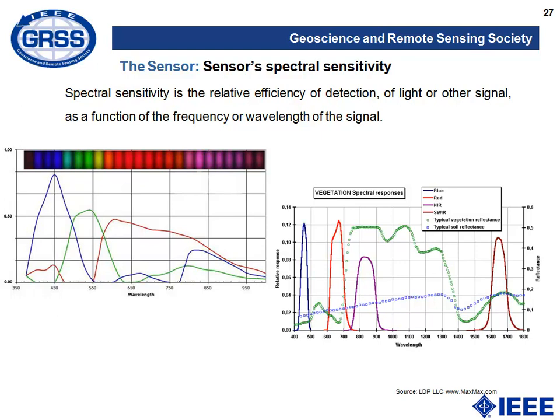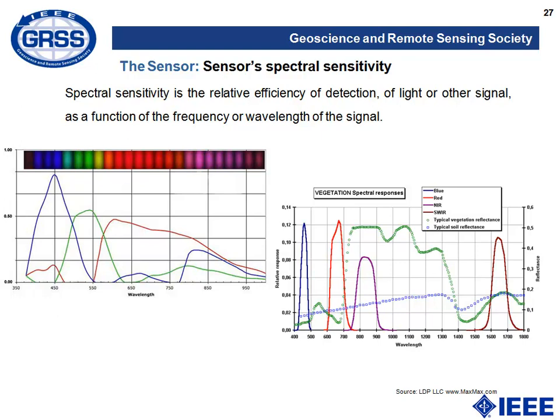Spectral sensitivity is the relative efficiency of detection of light or another sort of signal as a function of the frequency or wavelength of the signal. So we can have a sensor with the same ground sample distance and the same swath, with several hyperspectral or multispectral bands, but with different sensitivities for each band, with different efficiency in terms of detection.